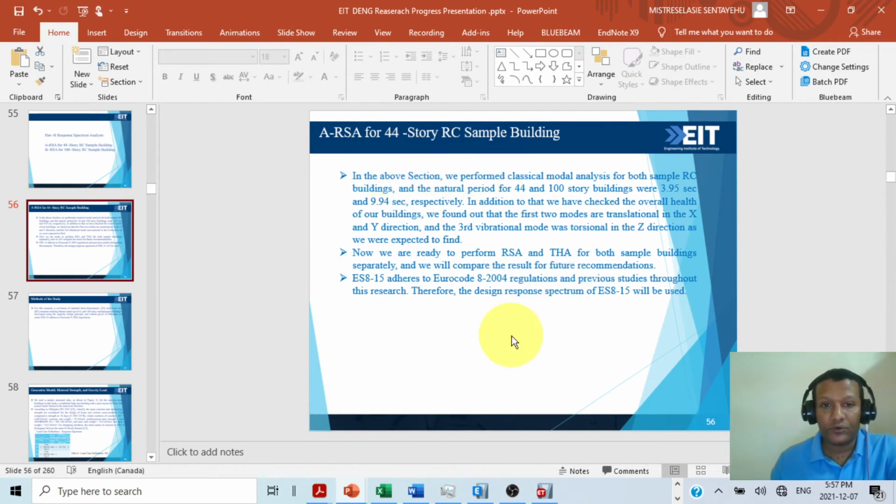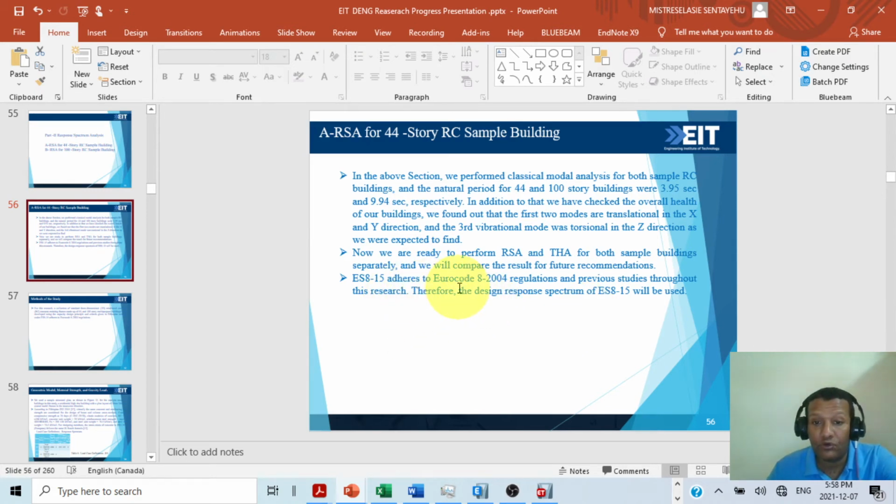RSA for 44. In the above section, we performed classical modal analysis for both sample RC buildings, and the natural periods for the 44 and 100 story buildings were 3.95 seconds and 9.94 seconds respectively. In addition, we checked the overall health of our building. We found that the first 2 modes are translational in the X direction and in the Y direction, and the third vibration was torsional about the Z direction as per code.